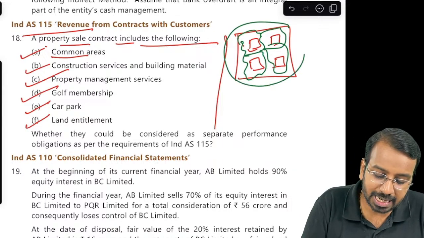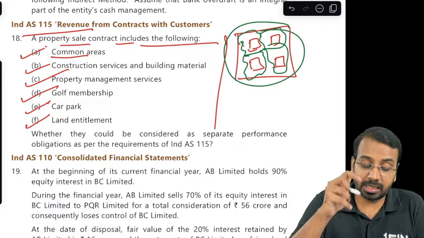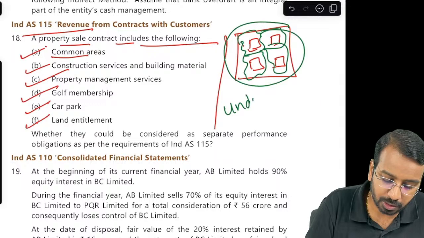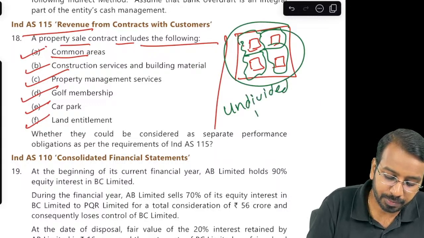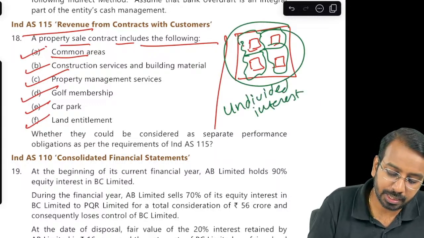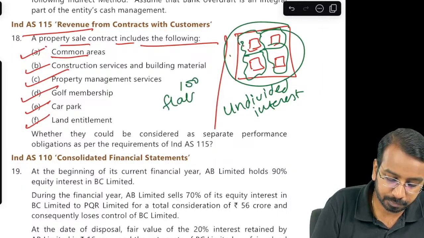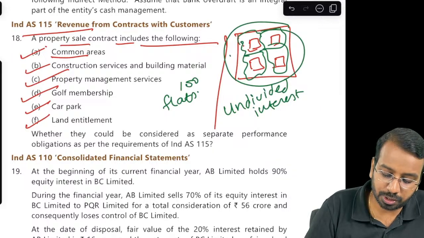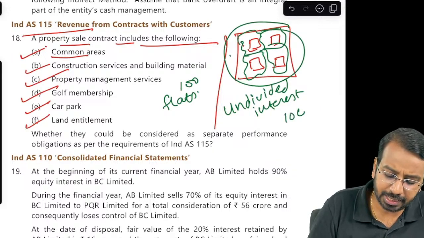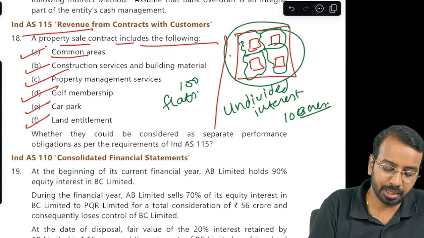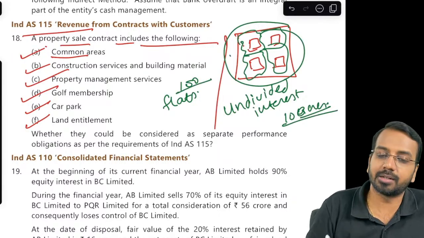Also, on this land, the person who has purchased a flat has got something called an undivided interest. Let us say this township has 100 flats and, for example, 10 acres. It will not be the case in today's time, but just for example, 100 flats and 10 acres is the plot size.